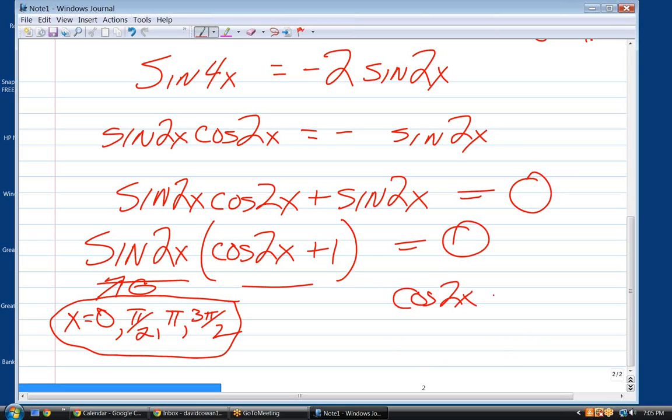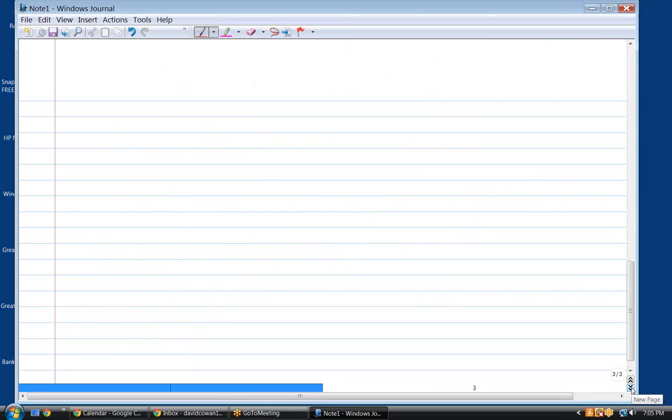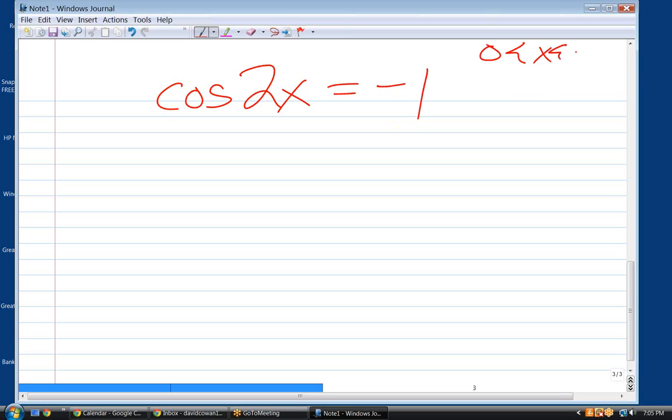Now, let's solve this one. Cosine of 2x equals minus 1. There's a couple of ways to do this. We have x going from 0 to 2 pi.